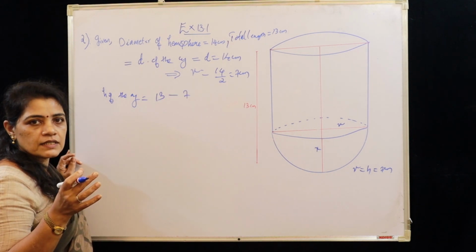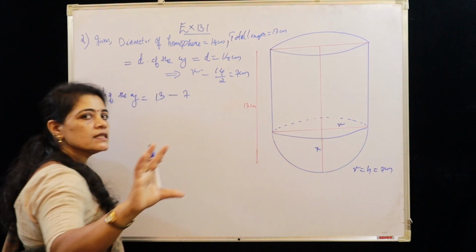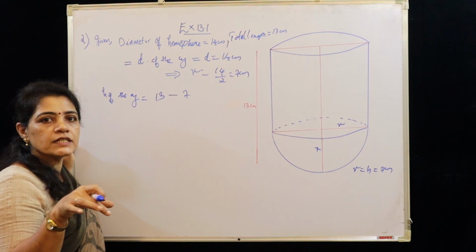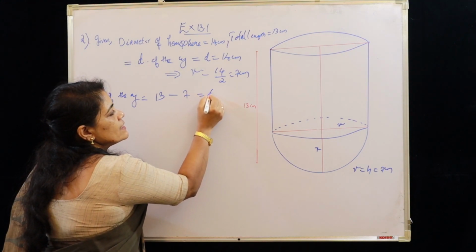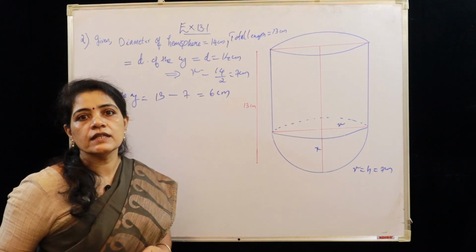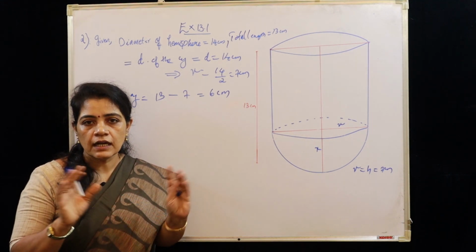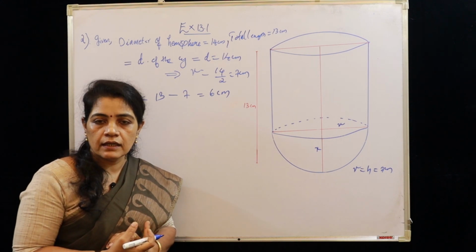I hope that concept is clear. The depth or the radius, both the same for a hemisphere, should be subtracted from the total length of the vessel. So you will get 6 centimeter. That is the height of the hollow cylindrical portion. Is it clear? Now all the required quantities needed to solve this are clear.